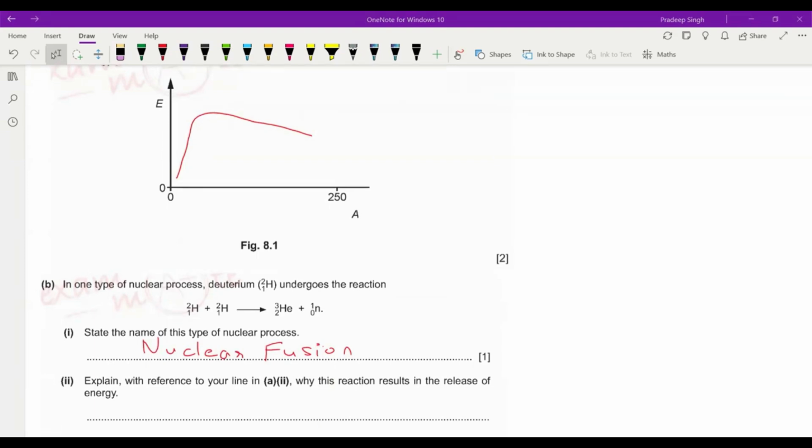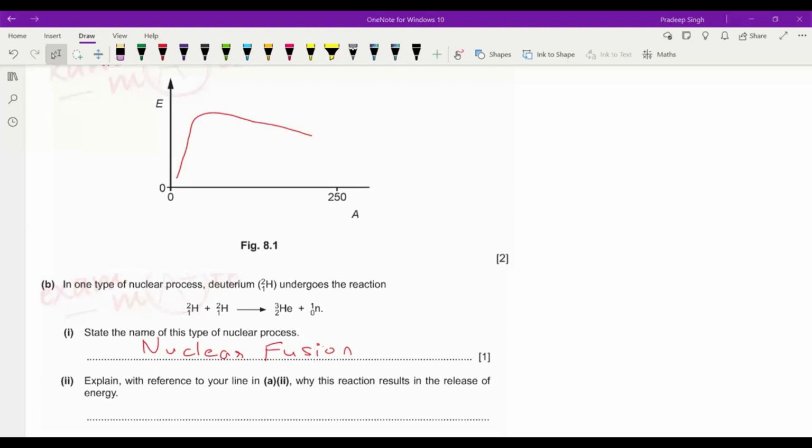Sir, I said that the stability of the nucleus increases when the reactants fuse together, and a higher stability indicates a higher binding energy per nucleon. Due to that, the helium will have a fixed energy, so the remaining energy is known as the release of energy.